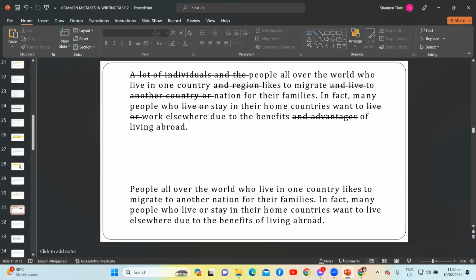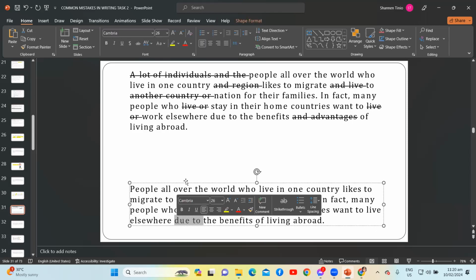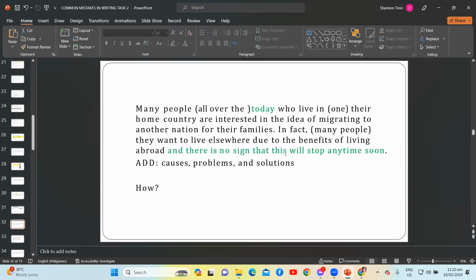It's a transition word. Many people who live or stay in their home countries want to live elsewhere due to, transition ulit yan, to show emphasis, the benefits of living abroad. Okay? Kulang pa yung thought na yan.